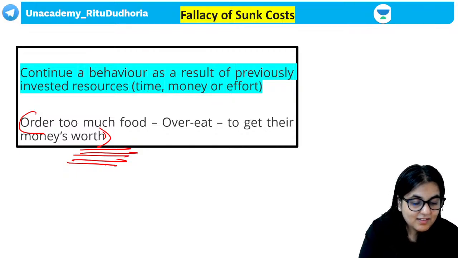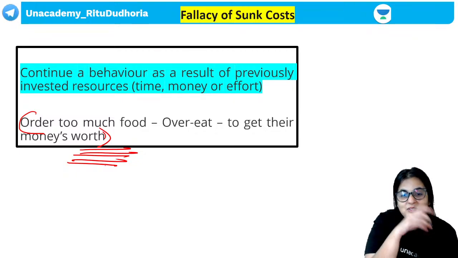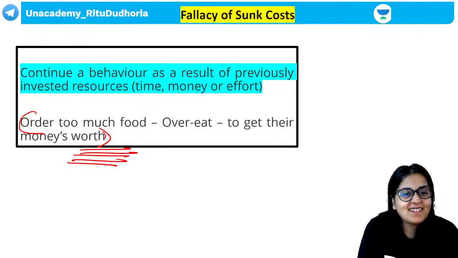Okay, you order too much food, everyone's done it. You just have to eat. One honest reason could be that you shouldn't waste food. That's good. If you're just eating it to get your money's worth, अब पे कर दिया है तो खा ही लो, मतलब that sort of a thing. So fallacy of sunken costs is because you've invested so much time or money or effort on it, you just don't want to leave it.